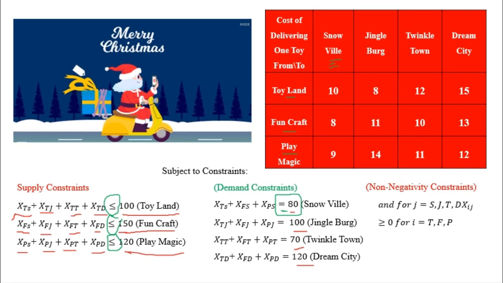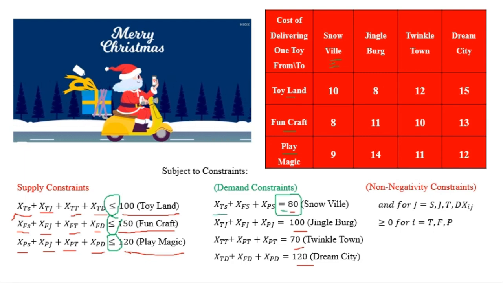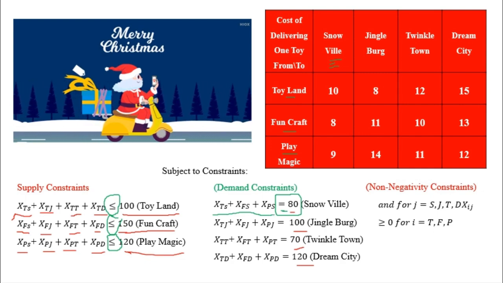That is, it should be equal to 80. And that is the reason we have written over here XTS, the quantities of toys going from Toyland to Snowville, plus quantities going from Funcraft to Snowville plus quantities going from Play Magic to Snowville is equal to 80. I hope I am clear to all.